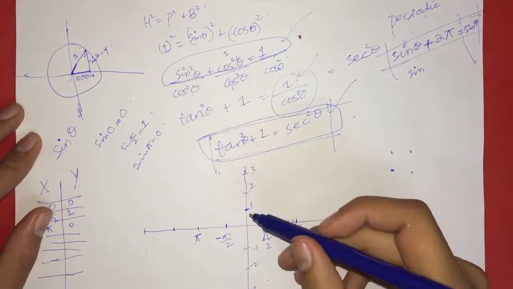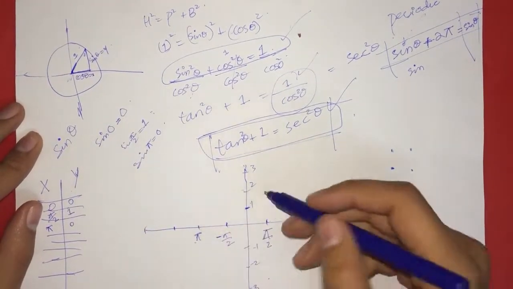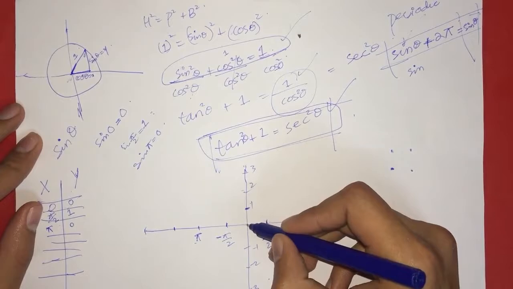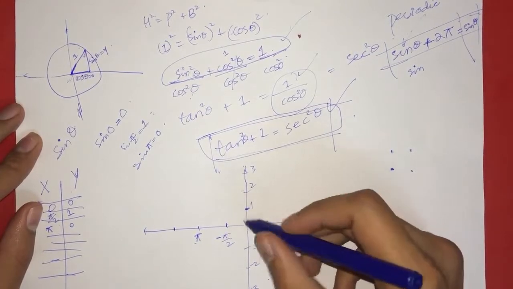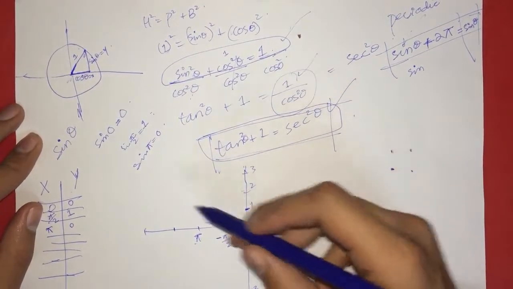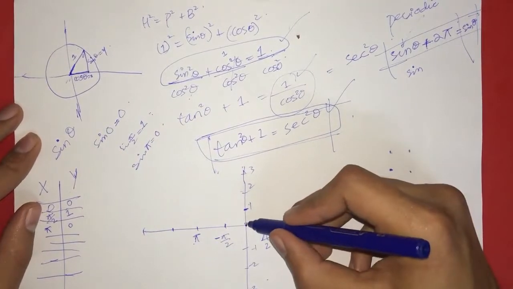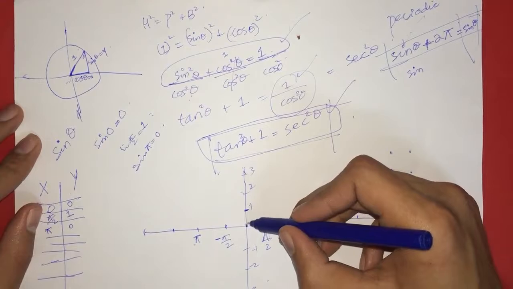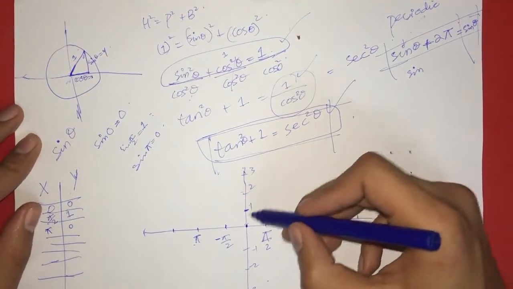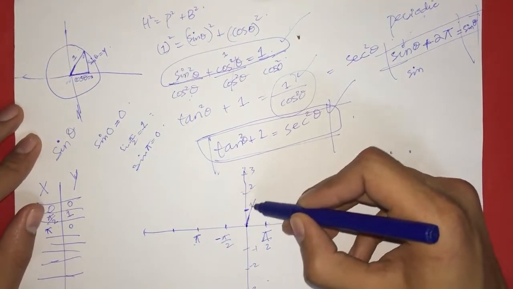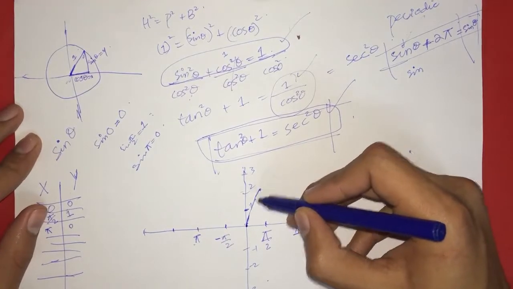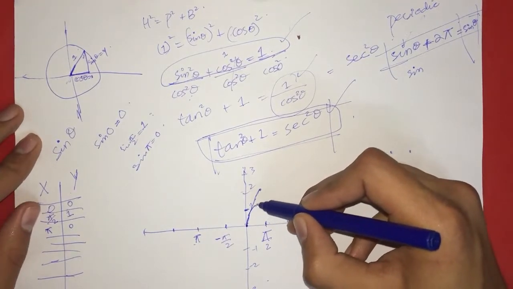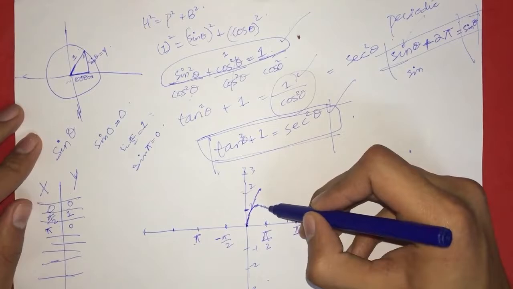So let's actually graph this function. At x equals 0, you have y equals 0. At x equals pi by 2, you have y equals 1.